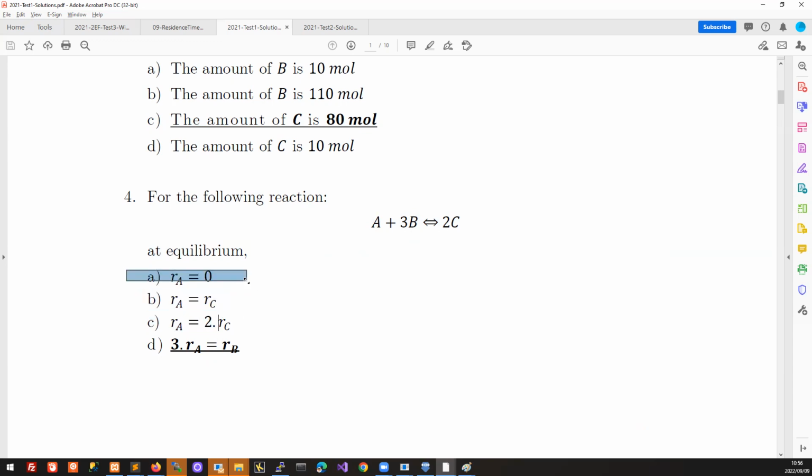It's also not generally true that RA is 0. A is consumed and it can be steadily consumed, so it's not equal to 0. RA is not equal to 2 times RC because A is consumed and C is produced. So that one is wrong. So the only one that makes sense is D.